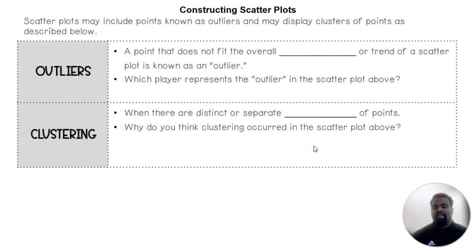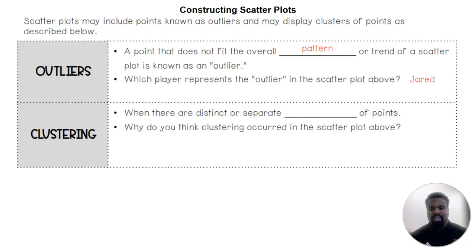Now this example was helping us talk about outliers and clusters. An outlier is basically a point that is significantly higher or significantly lower than your other data points. You can clearly see that point is different from the others.